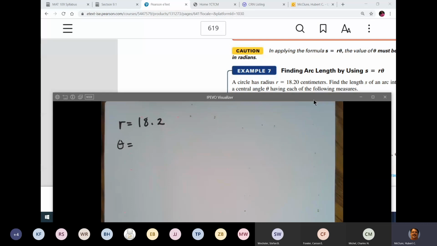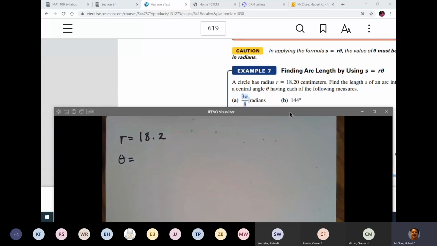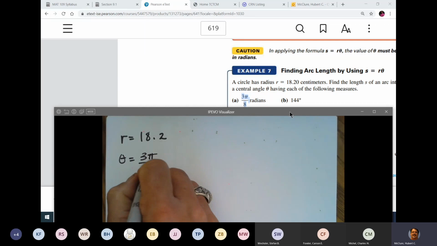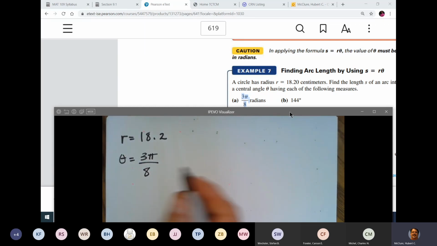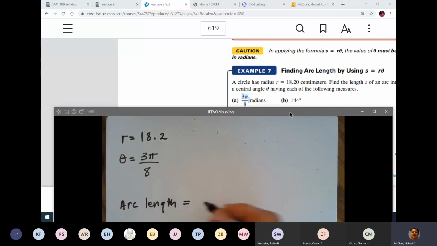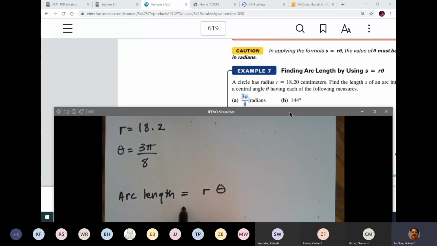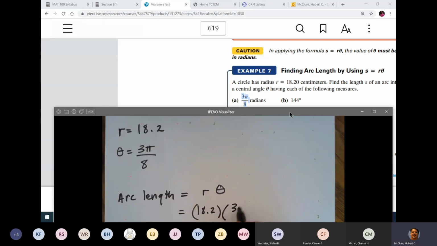Theta is usually in radians or degrees. 3 pi over 8. So arc length is equal to R times theta, which is going to be equal to 18.2 times 3 pi over 8.